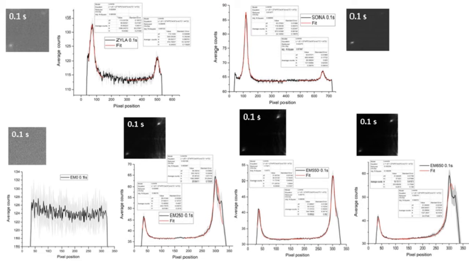So as I said, be careful with the shape of the peaks, because we also observe a different intensity inversion here in the case of EMCCD compared to the sCMOS cameras on the top. So top of the list, I would say at the moment, would be the new generation sCMOS cameras.